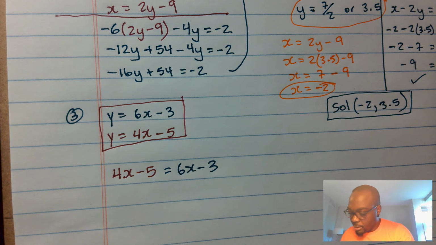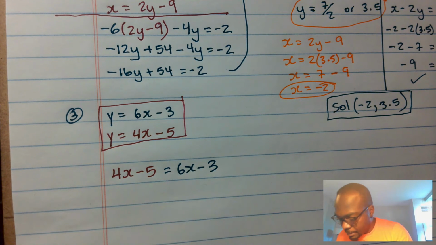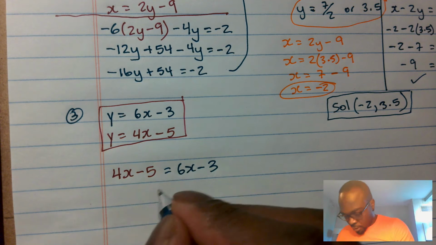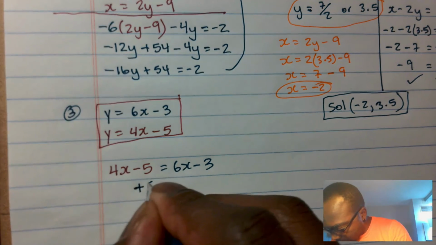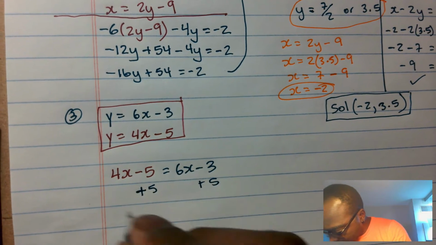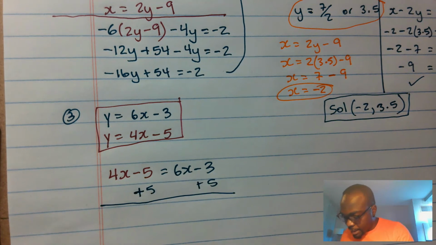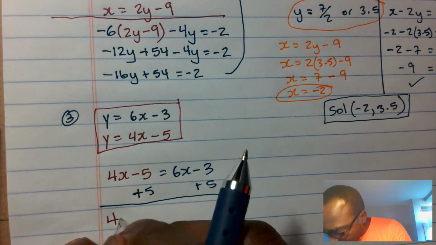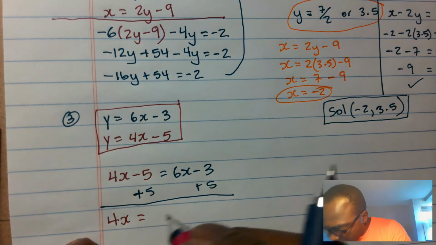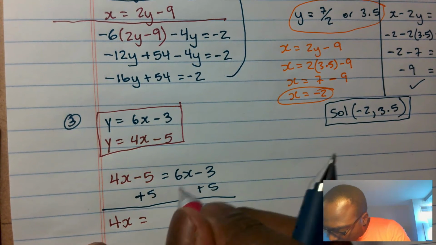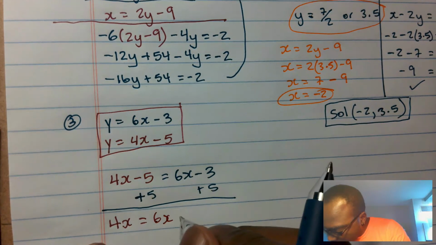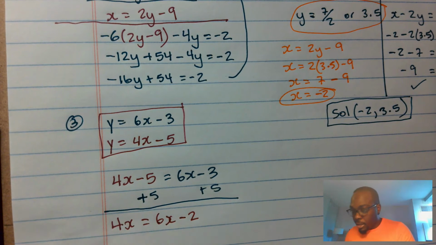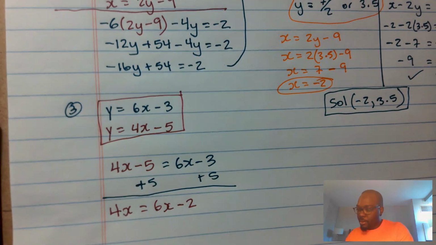The first thing I'm going to do is add 5 on both sides. When I do that, I get 4x is equal to 6x minus 2. But now I need to get x by itself.